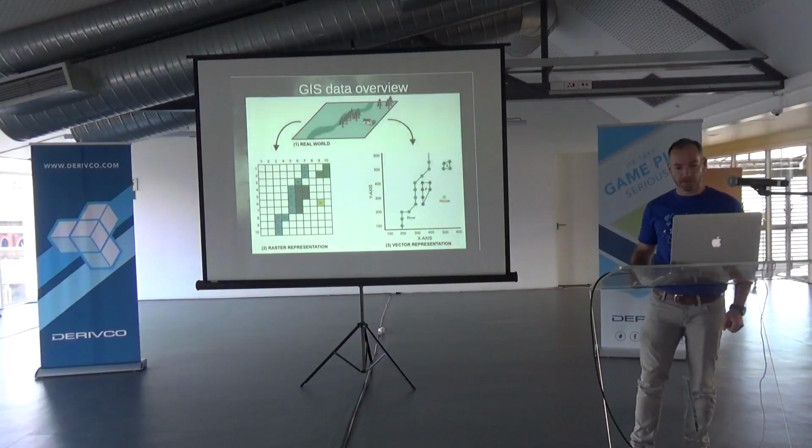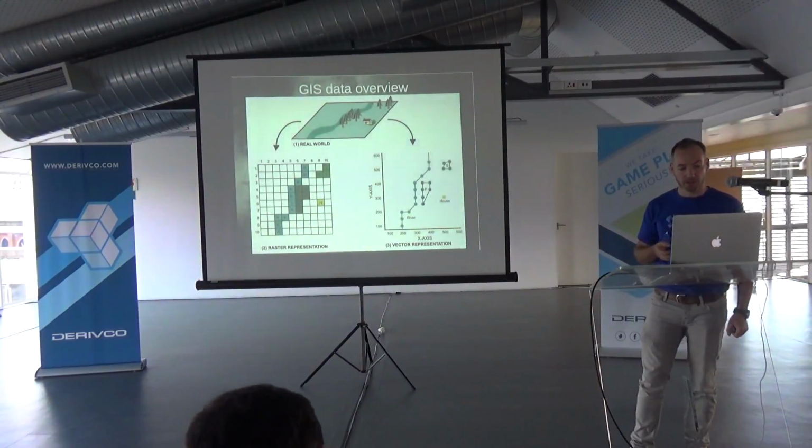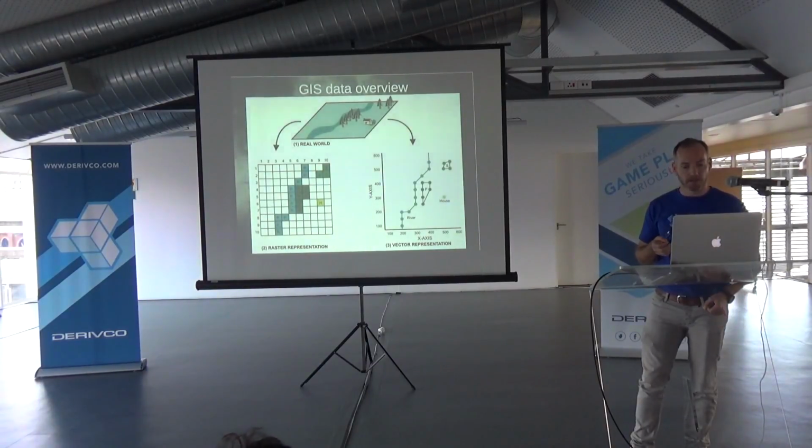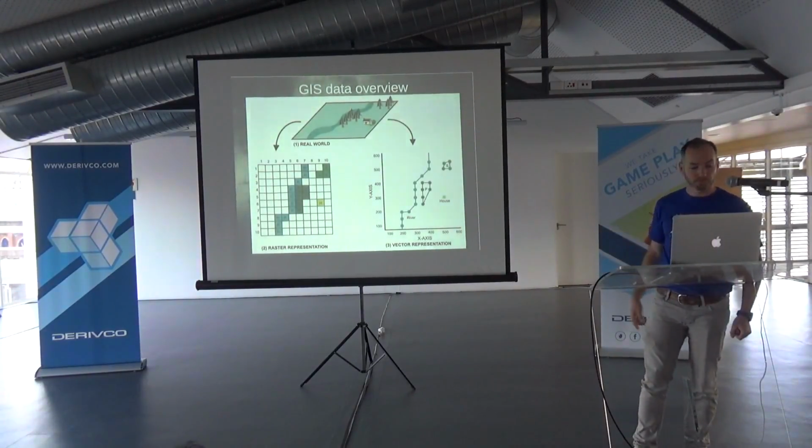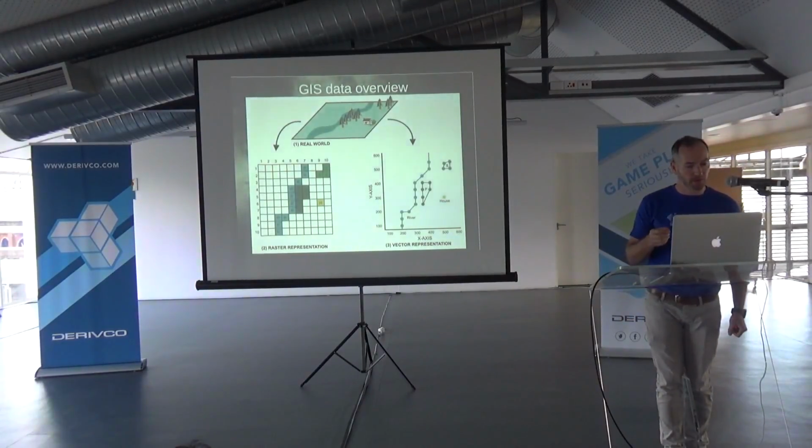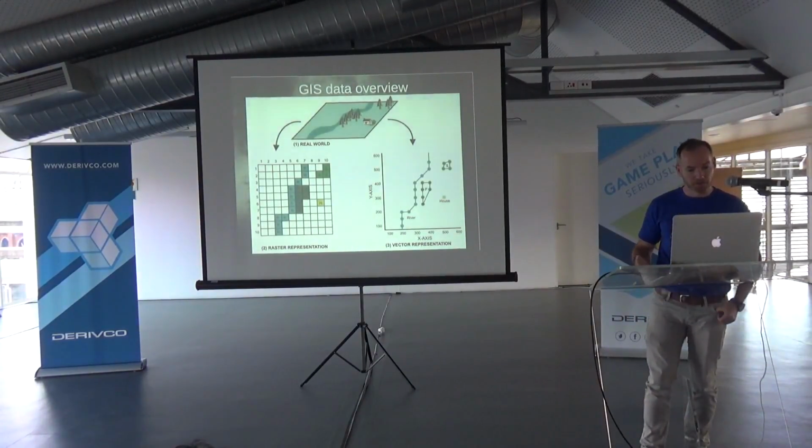Vector data would represent a real-world house or a river, like you see in the picture, as a vector, and there would be an attribute table assigned to that, saying the river's average flow is this, it's this wide, etc. While raster files have different bands, you get multi-band raster files or single-band raster files, and they would typically represent the same real-world picture as a grid, as you see on the left, with R saying that it's where the river is and B saying where the trees are, for instance.